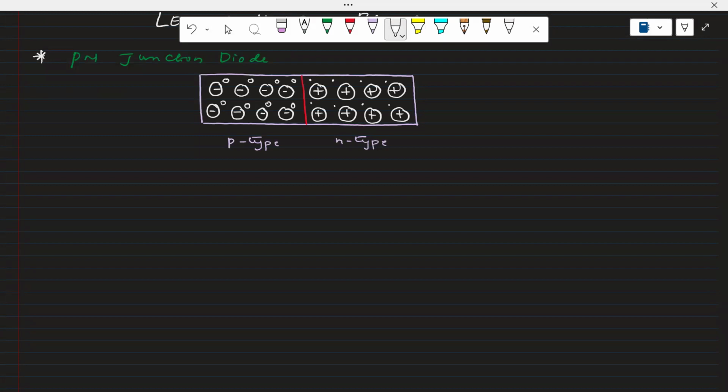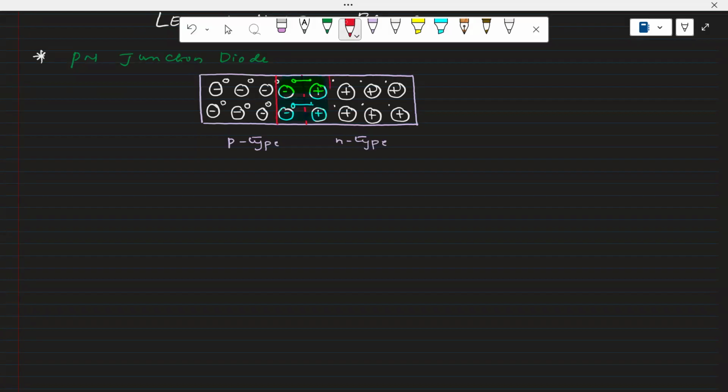Okay. So what is happening here? Near the junction, the holes and electrons recombine with each other. Therefore, these two holes and these two electrons are combined with each other. That's the reason why there is a space charge region, or immobile charge, available near the junction.